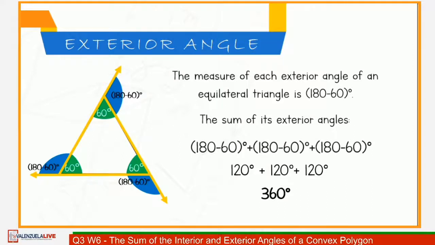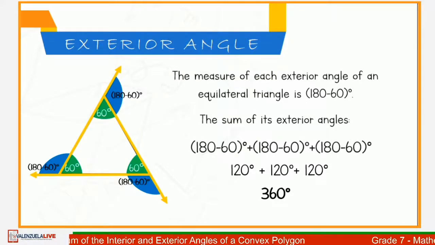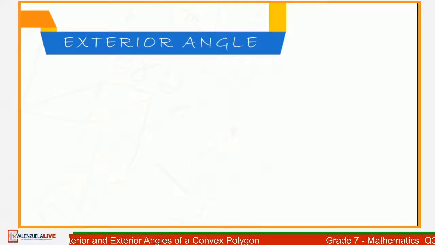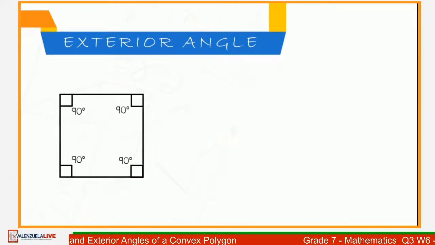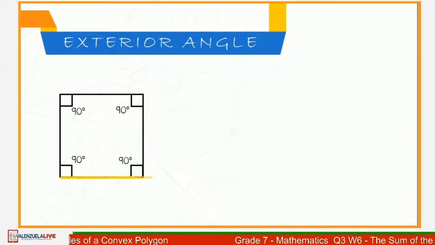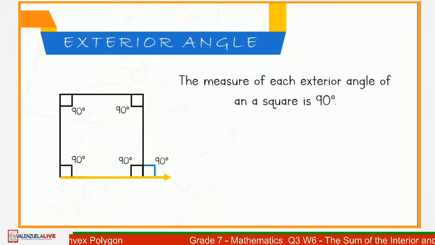Therefore, the sum of the exterior angles of an equilateral triangle is equal to 360 degrees. Moreover, for a square whose interior angles measure 90 degrees each, the exterior angle for each is 180 degrees minus 90 degrees.